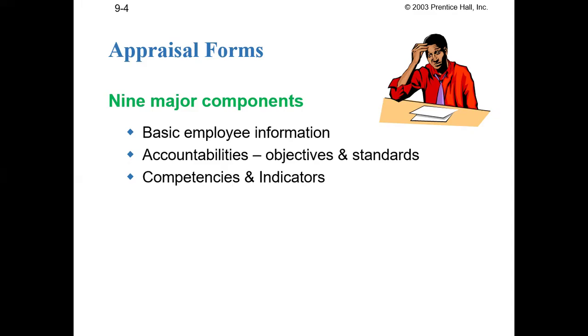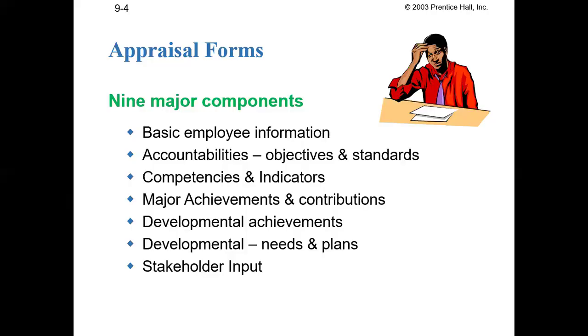There's also the competencies and indicators. So under the competencies and indicators, also depending on which method of measurement has been chosen, they would put in the competencies under that.